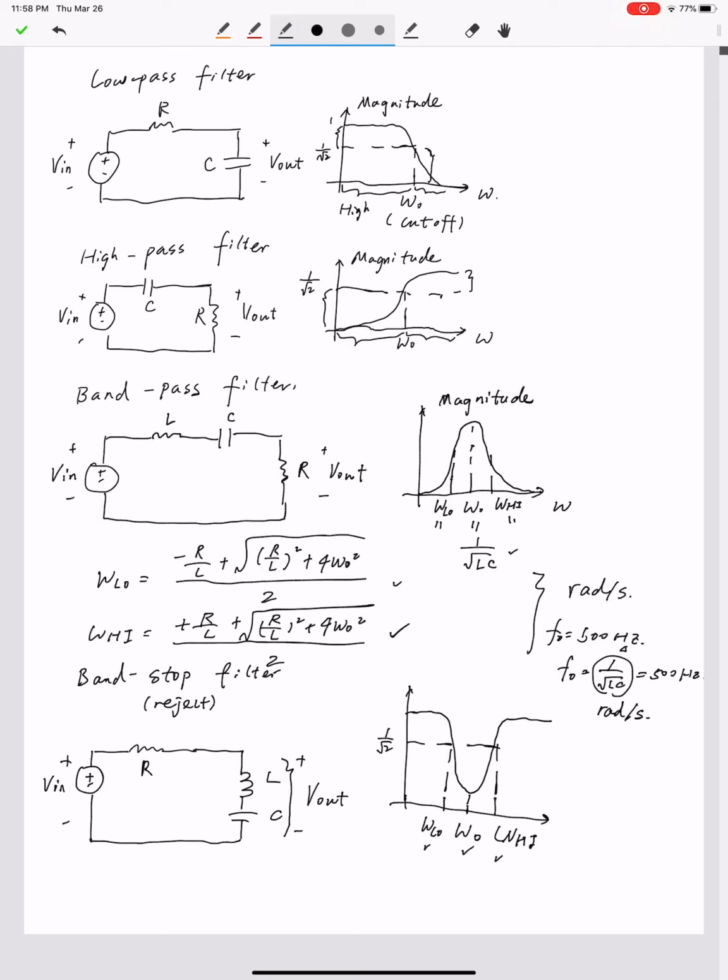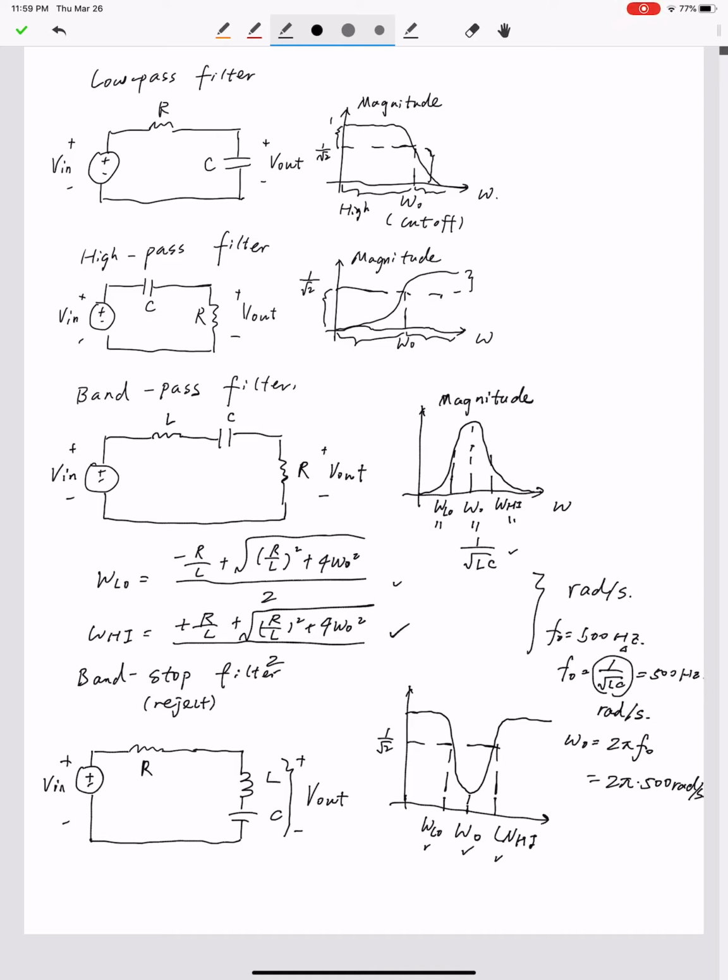So if the question gives you a variable in the unit of hertz, you need to convert this variable to the unit of radian per second. For this example, you need to find the corresponding frequency in radian per second of 500 hertz, and that will be omega 0 equals 2 pi f0 equals 2 pi times 500 radian per second.